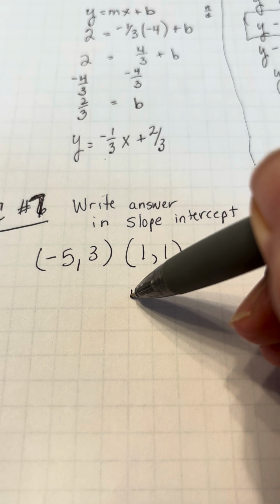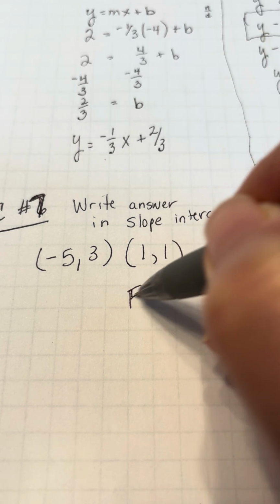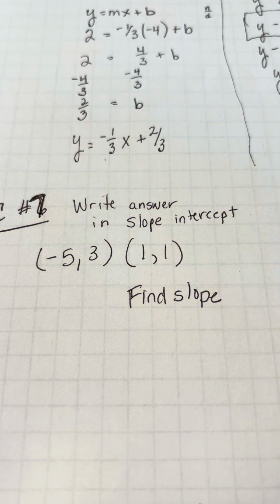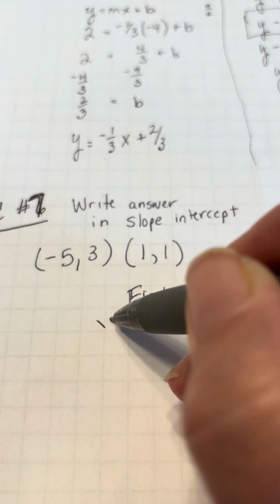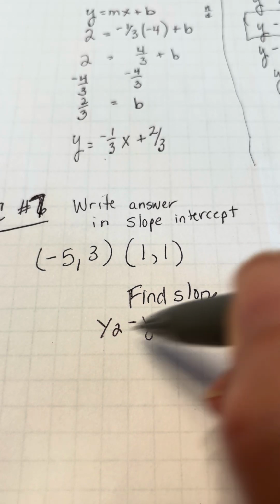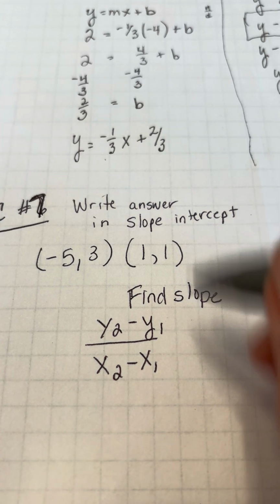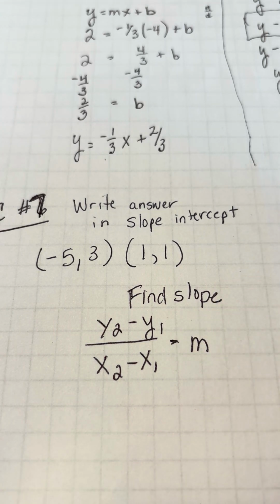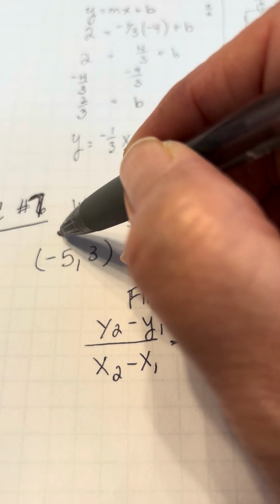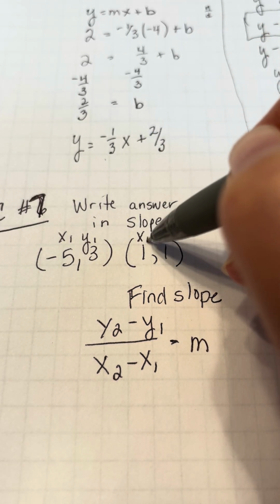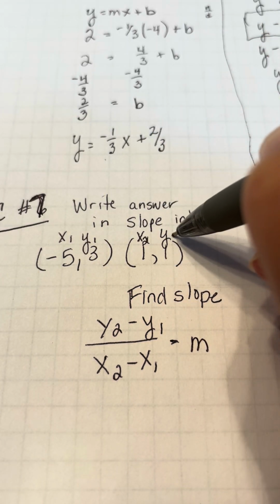Yep, that's what we're going to do. So we're going to find slope first. So we know the formula is y2 minus y1 over x2 minus x1, and that is slope. So we know this one is x1, this one is y1, this is x2, this is y2.